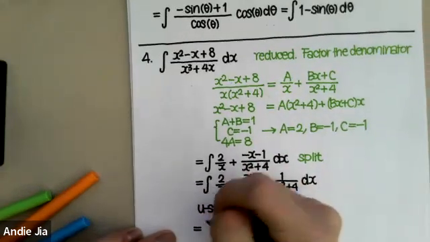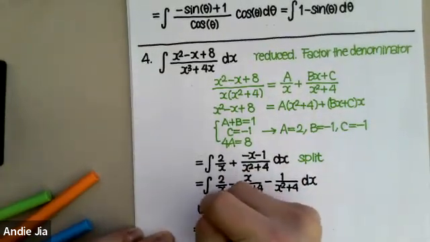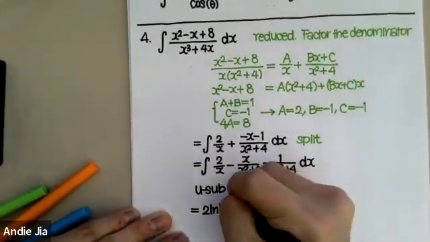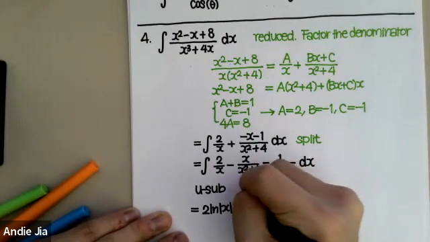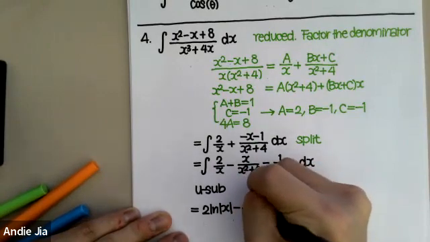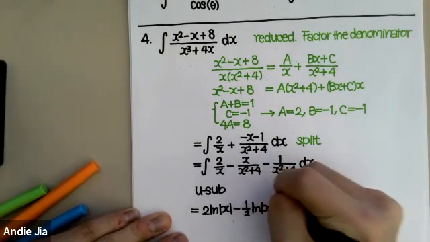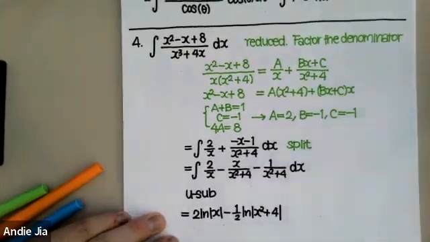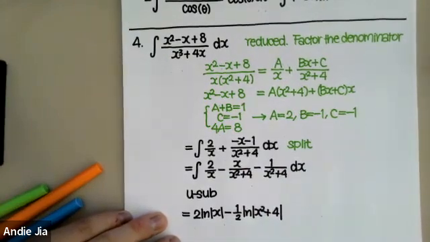It's going to be 2 natural log of x, and then minus natural log of x squared plus 4, and then this is inverse tangent.